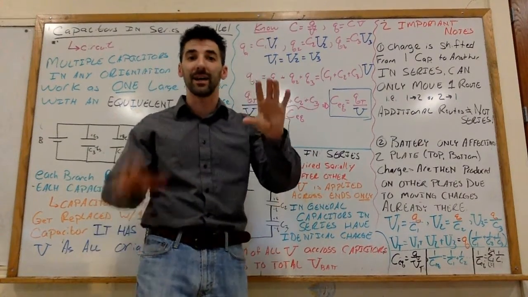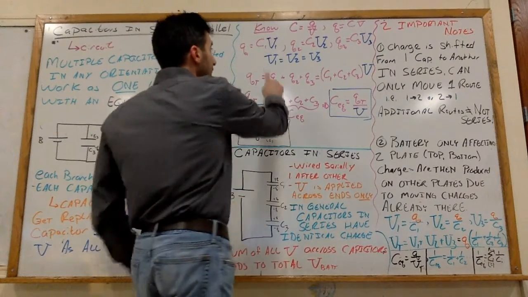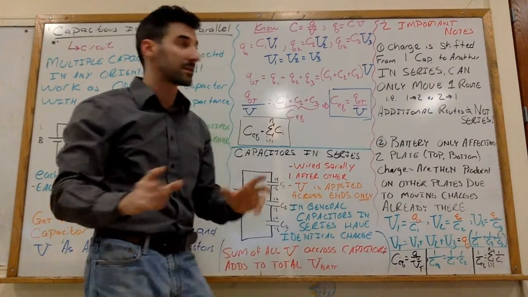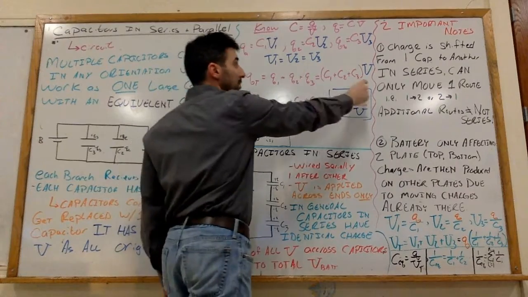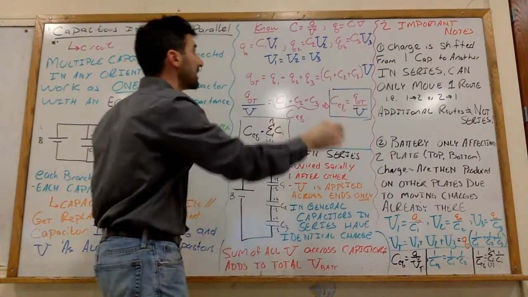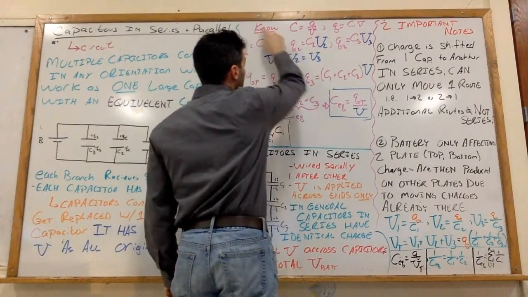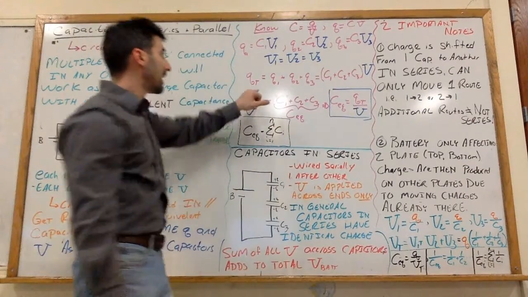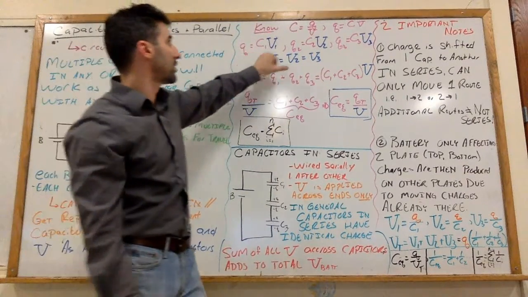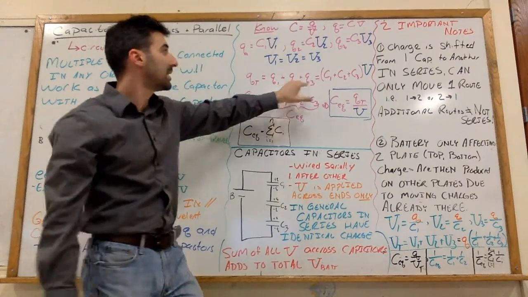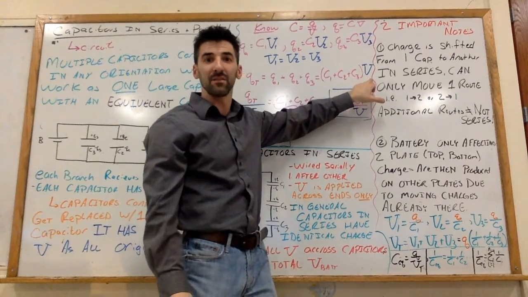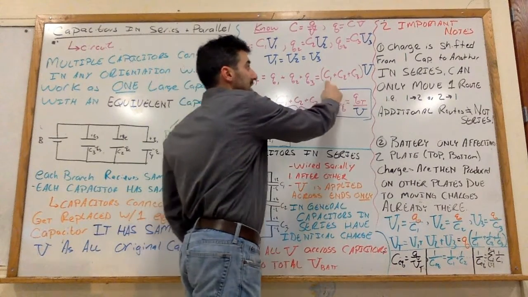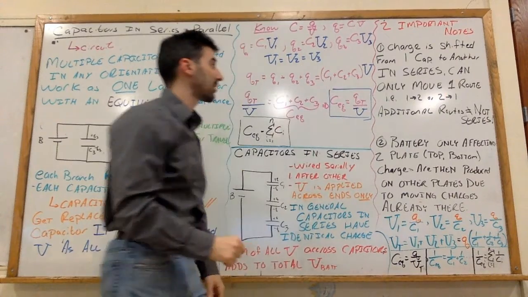If all of those are identical, that means I can simply replace it with one total V. So when I start combining my equation, I have Q total, which is clearly Q1 plus Q2 plus Q3, equal to my identical V times C1 plus C2 plus C3.